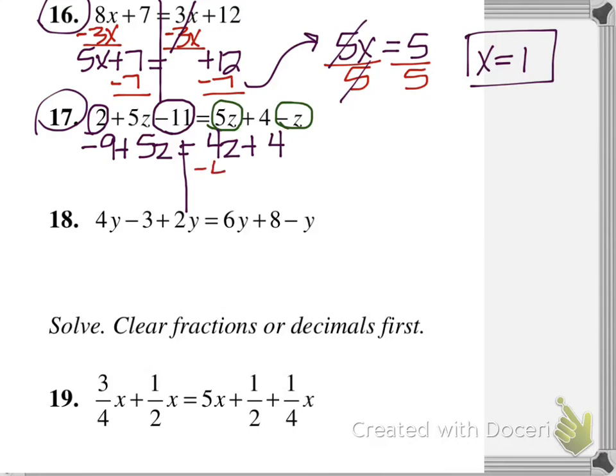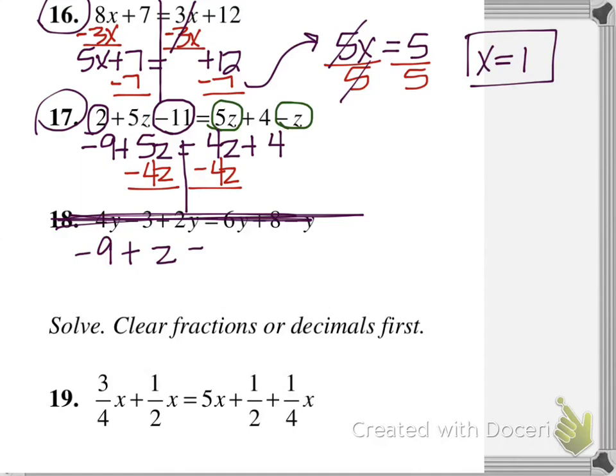So I'm going to subtract 4z from both sides, and that's going to leave me negative 9. 5z minus 4z is just 1z, so plus z equals, our 4z minus 4z cancel, or zeros out, and then we have a 4. And finally, let's isolate that variable term.